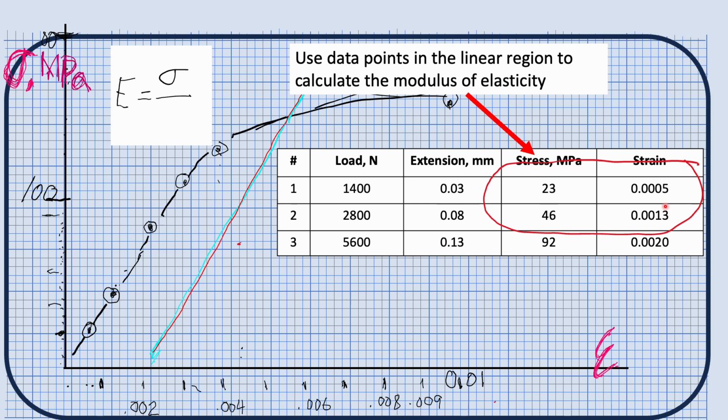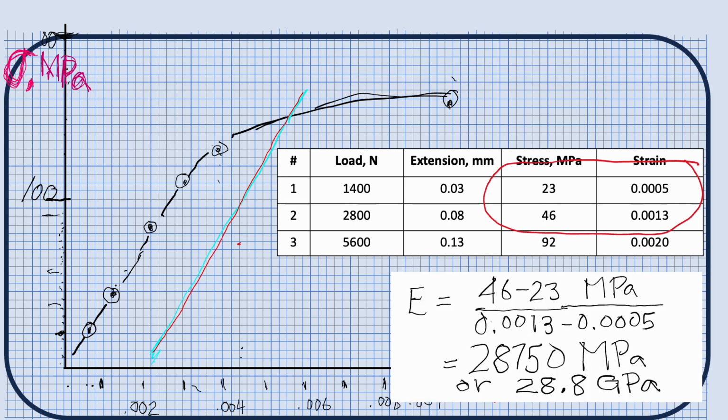So I'll just use those values to calculate my modulus. 46 minus 23 megapascals, and this difference in strain, and I get 28,750 megapascals, or 28.8 gigapascals. Okay, megapascals are 10 to the 6, gigapascals are 10 to the 9th.